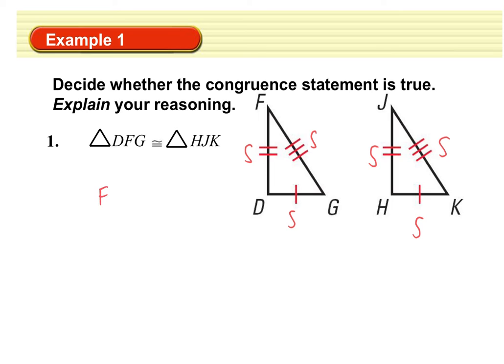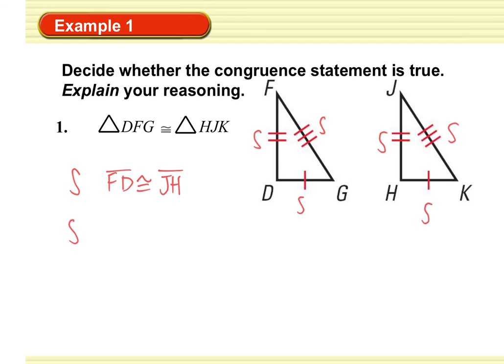So, FD is congruent to what? JH. JH, that's one side. Another side would be DG is congruent to HK, or KH, sorry, I reversed it. And then FG is congruent to JK.